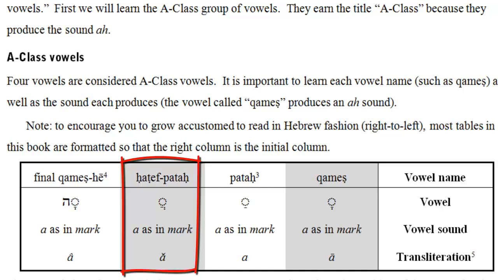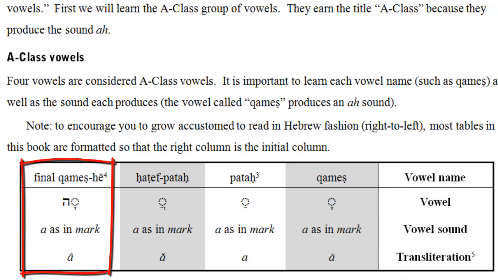It's a bit of a throaty T sound, ta. Now this vowel, named chatef patach, consists of the symbol similar to a patach, a horizontal line beneath the consonant, followed by what we might call a colon, a stacked double dot. It produces the sound ah as in mark, just as did the kametz vowel and the patach vowel. You can see the transliteration symbol in the table.